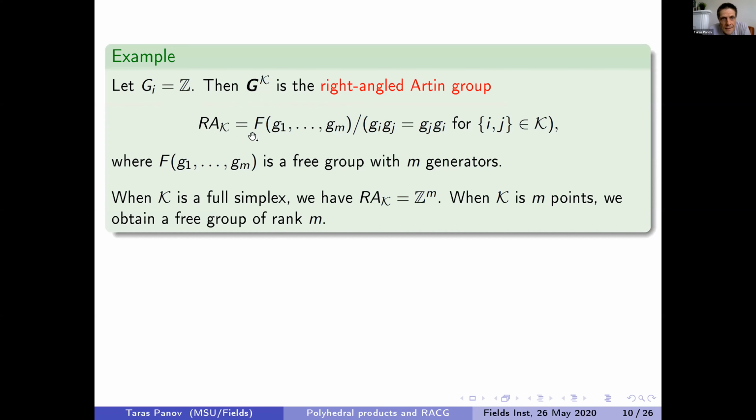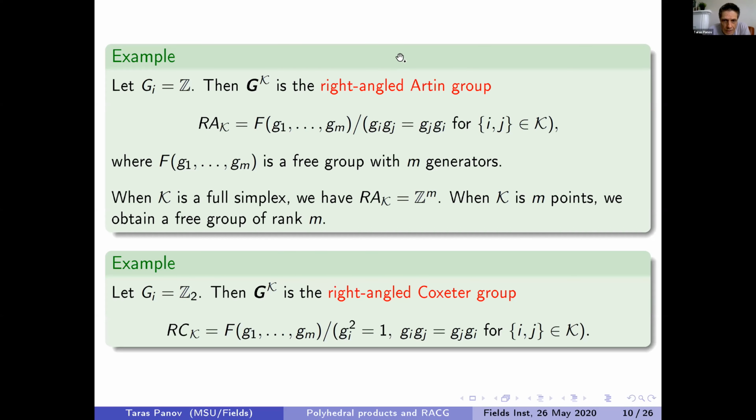Then you have the quotient of the free product of all those copies of Z by these commutativity relations. It interpolates between the free group, which you obtain when you have a discrete complex, and the free abelian group, which you get when you have a full simplex.